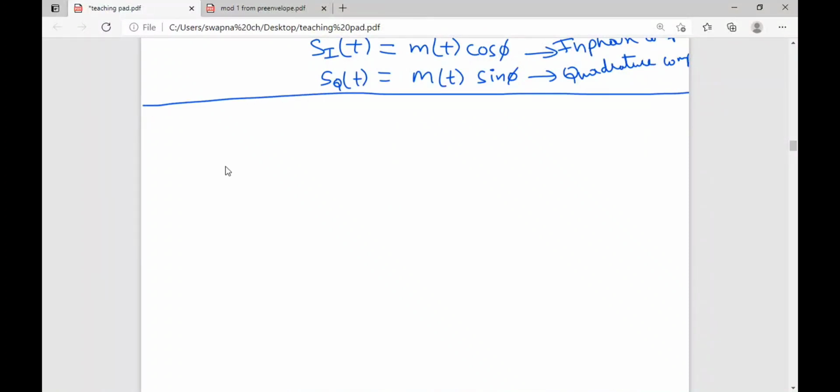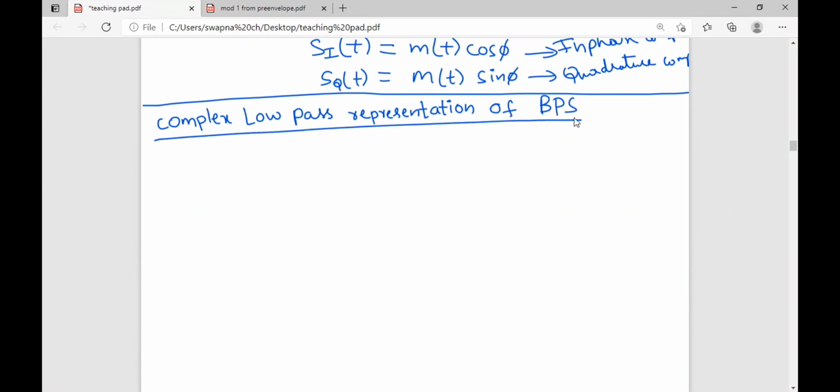Next topic is complex low pass representation of... I'll just give an introduction today. Tomorrow I'll start the actual concept and the actual equations.